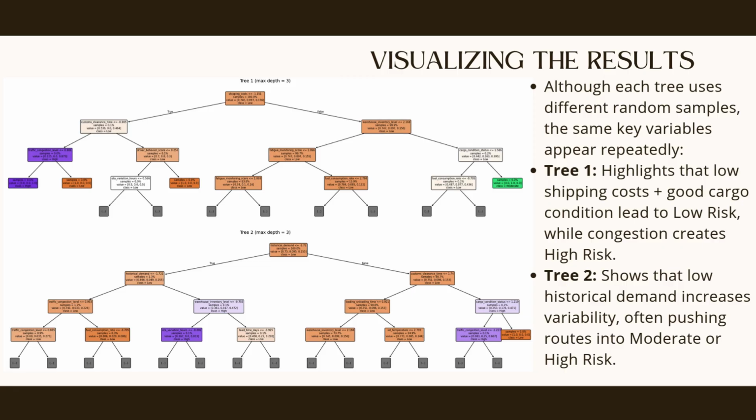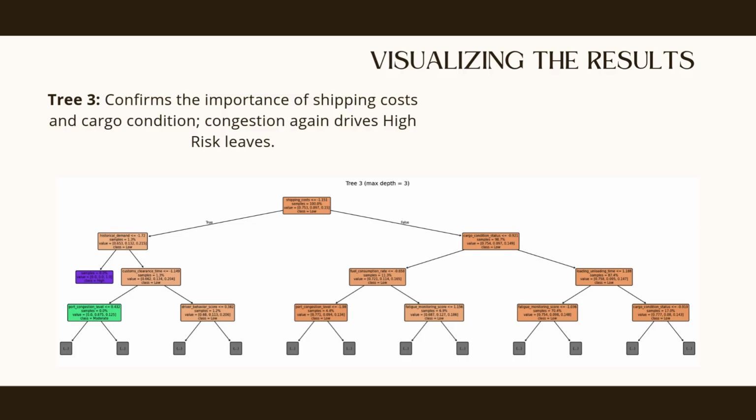Tree 2 shows that low historical demand increases variability and often pushes routes into moderate risk and high risk. Tree 3 confirms the same story. Again, we see shipping costs and cargo condition near the top, with congestion driving many high risk leaves.